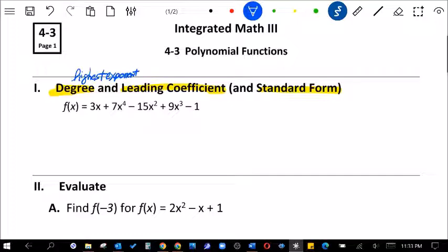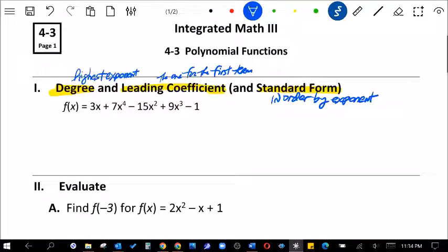Leading coefficient is the one for the first term. And the standard form is in order by exponent. So let's do that with this.